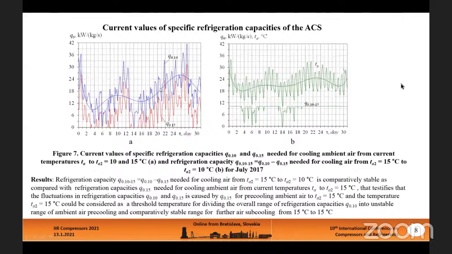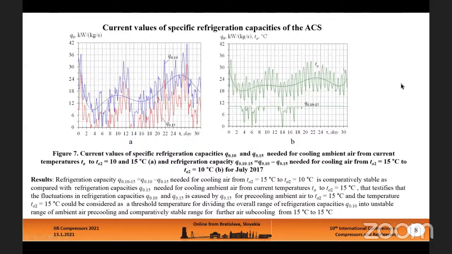As you see, the fluctuation of current refrigeration loading is caused by fluctuation in ambient air pre-cooling down to 15 degrees centigrade.